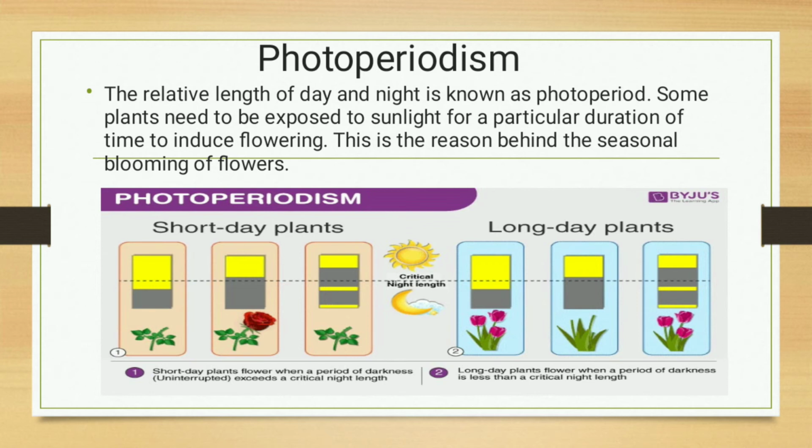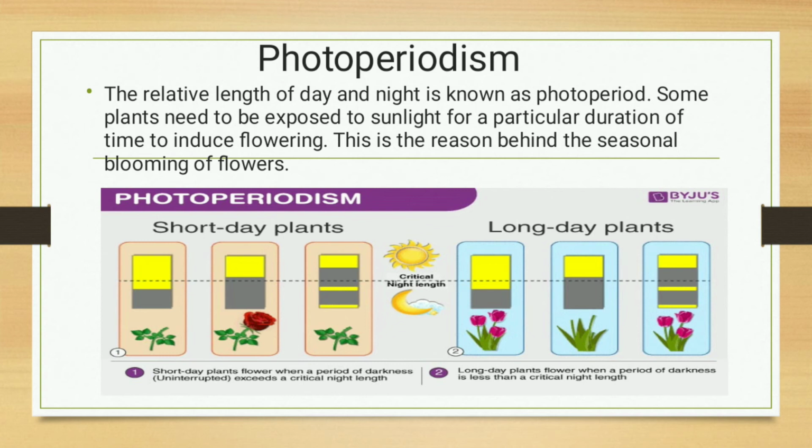In the next 3 diagrams for the long day plants, the first diagram shows more light period and less dark period, so it has flowering.